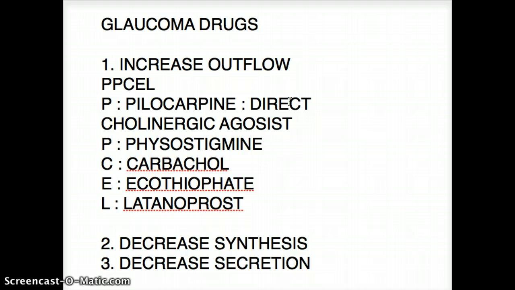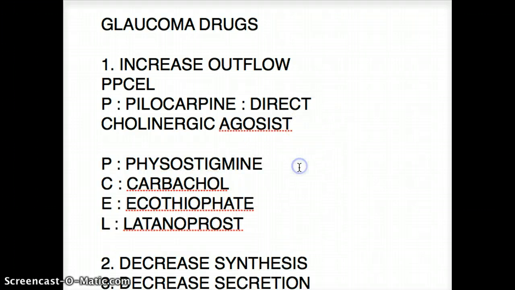It's used for diagnosis of cystic fibrosis, and it's a potent stimulator of sweat, tears, and saliva. So you can see how it can increase the outflow. It works as a cholinomimetic. Okay, so that is pilocarpine.